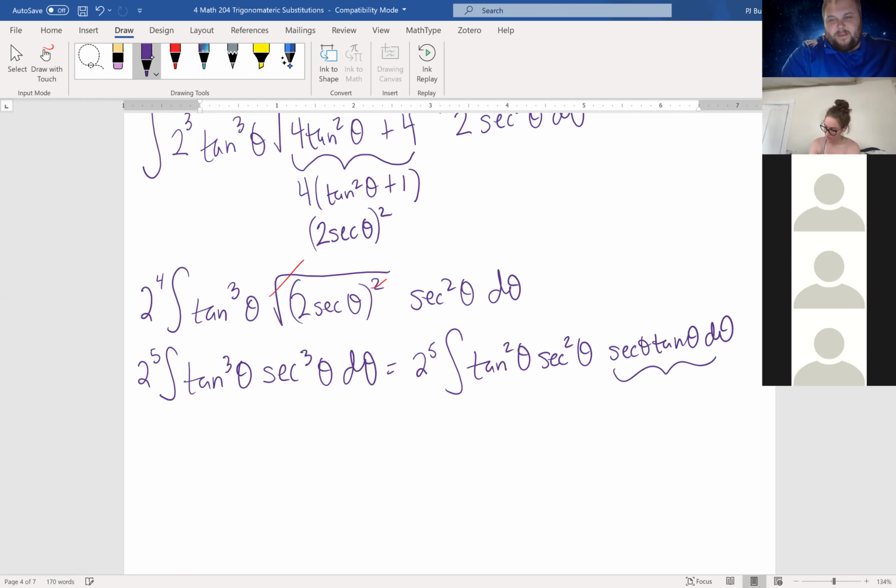This is going to be my du. And in order to get that as du, that means that this has to be u, or in particular, u squared, right? So u is secant.